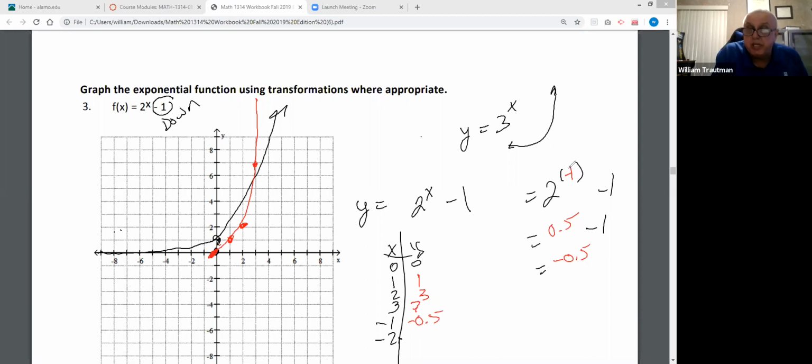And then I'm going to put -2 in here. 2 to the -2 power is 0.25, and minus 1 is -0.75. So at -1, we get -0.5. Here we get, I think we get this, right?